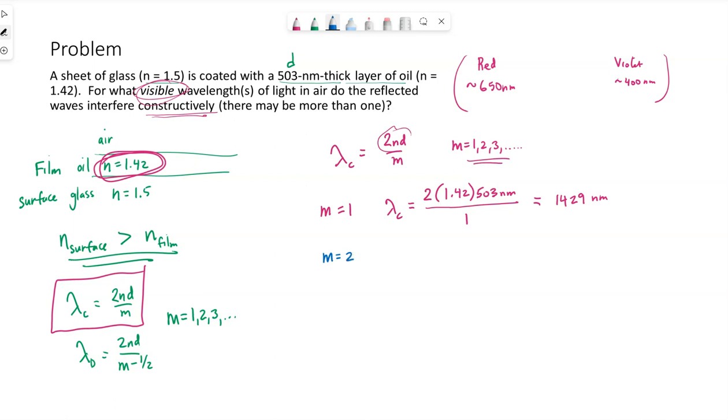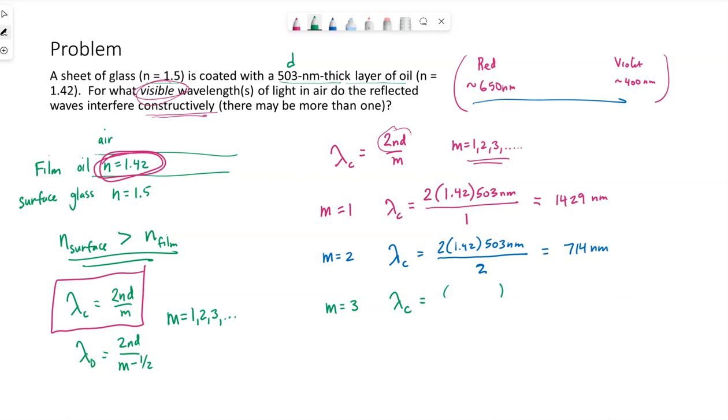If m is 2, so again, the numerator is the same. Oh, seriously, 2, not a 3. So if I divide that by 2, I get 714. Still not in this range we're shooting for. M equals 3.